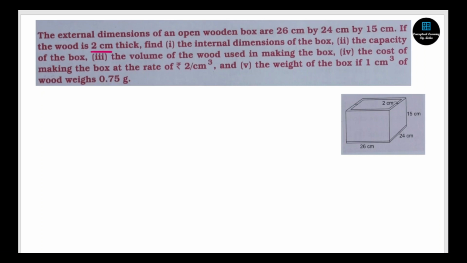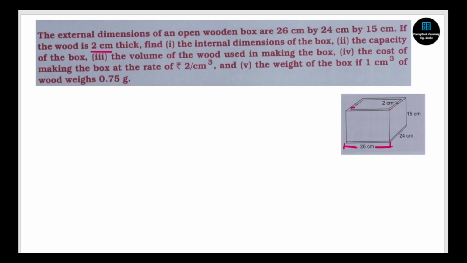Alright. So to find the internal dimension, what do we have to do? Yes, see the thickness. Here, if I want to find the length, the outer dimension is 26, and this thickness, so we have to subtract 2 from each side, right?